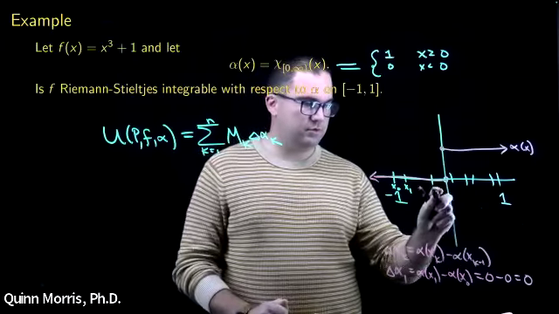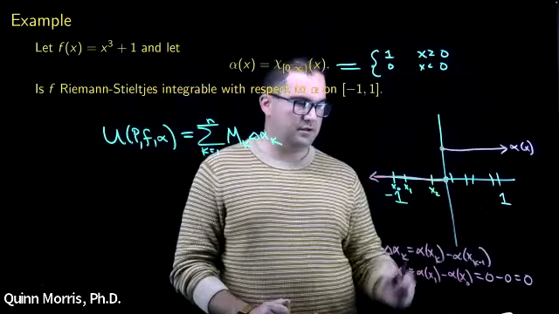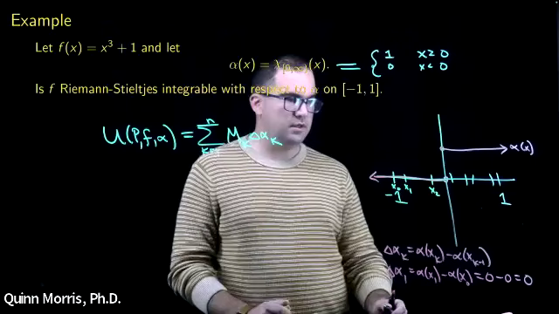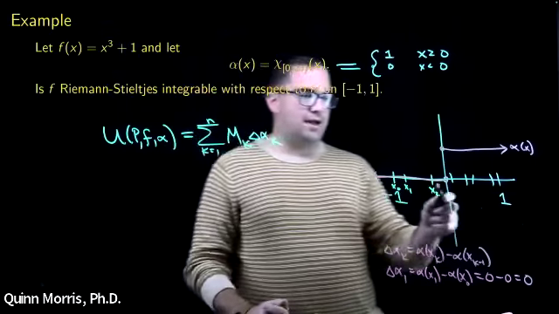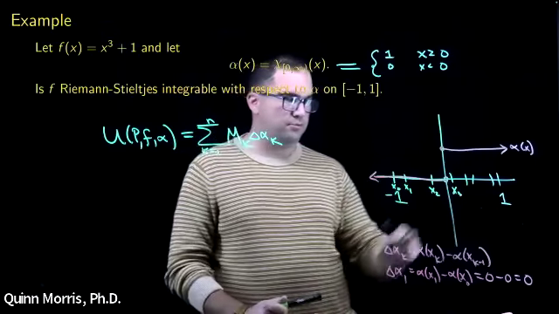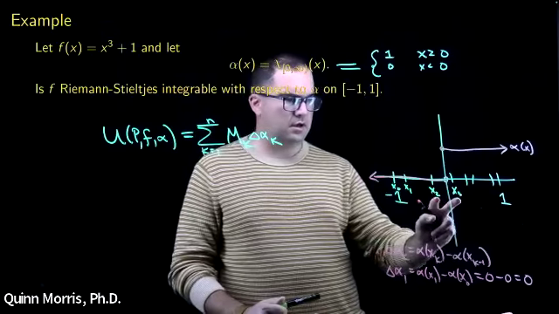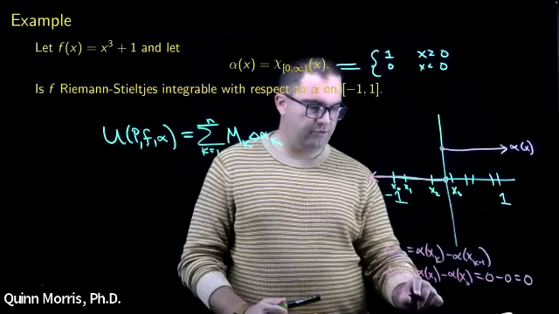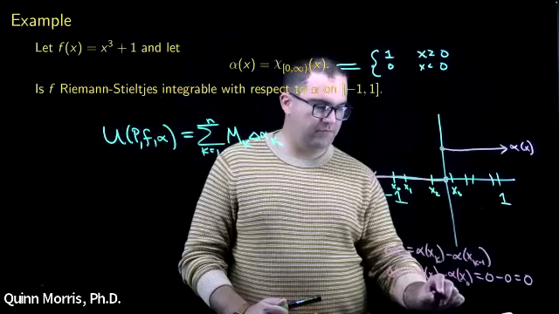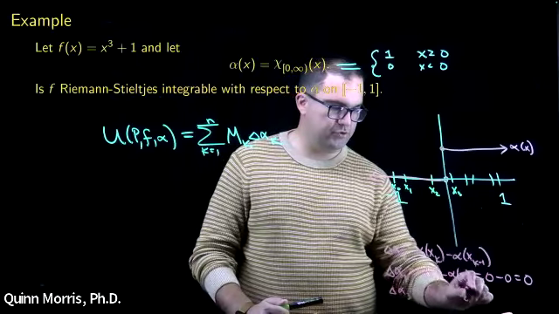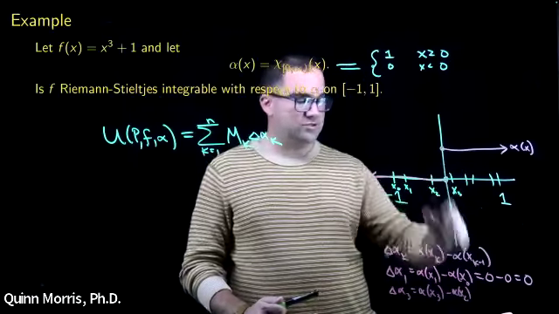And you pretty quickly start to realize, well, this one will be 2. Okay, so delta alpha 2 will also be 0. Now, something interesting happens when you get to delta alpha 3, though, right? Because as I've drawn this here, delta alpha 3 will be alpha of x sub 3 minus alpha of x sub 2. Alpha of x sub 3 is 1.